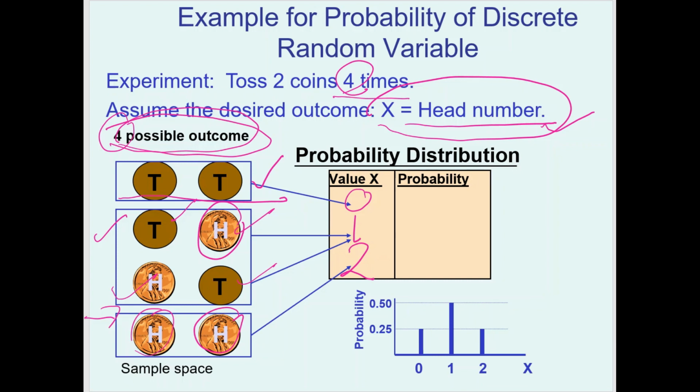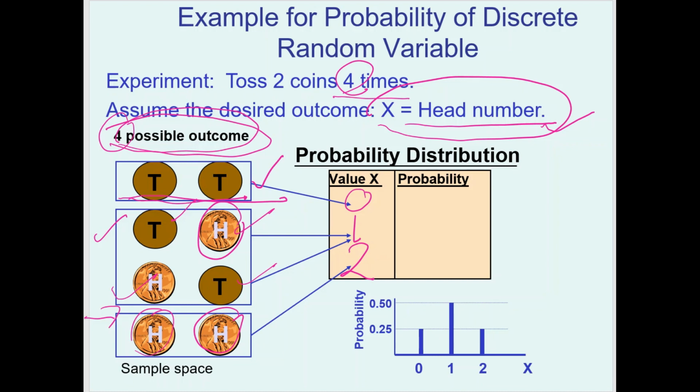Okay, so how do we count this probability here? For the value of x equals 0, which means the head number becomes 0, no head is found, right? So how many of this possible outcome? We look at the first list here, which is 1. Do we have others that have 0 count of head?